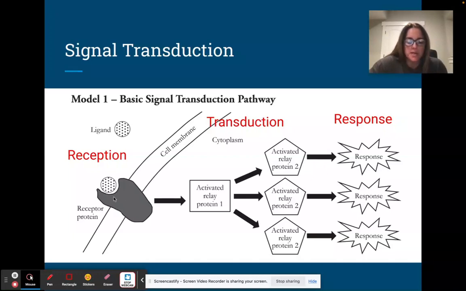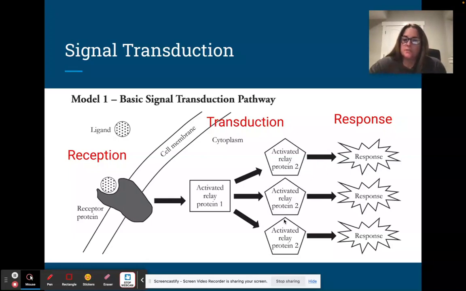When this happens, it changes the shape of the receptor protein, which then can activate other relay molecules. Sometimes they're proteins, sometimes they're non-protein molecules, but things get activated and other processes take place and activate multiple cellular responses. And so this is a basic signal transduction pathway, is what we call it.